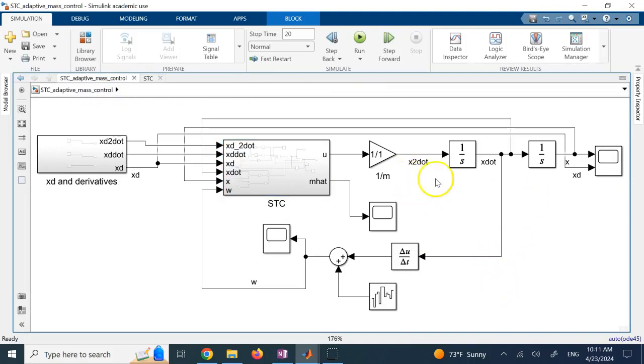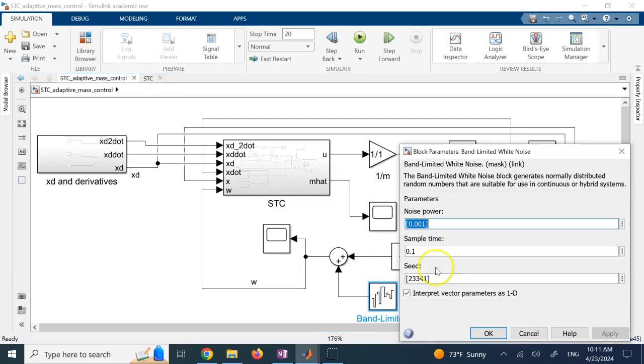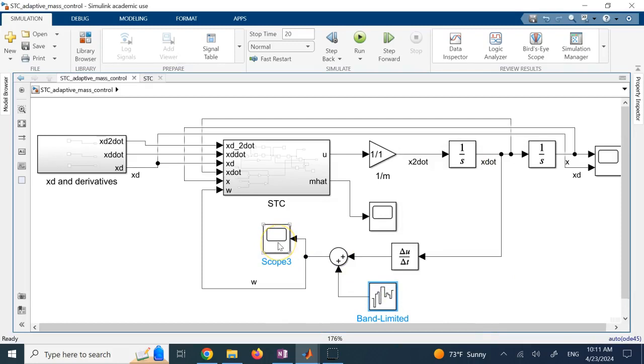Here I don't really have an accelerometer, so the way I get the acceleration is I take my x dot, use the time derivative block, and to make it more realistic, I added some band limited white noise with the noise power.